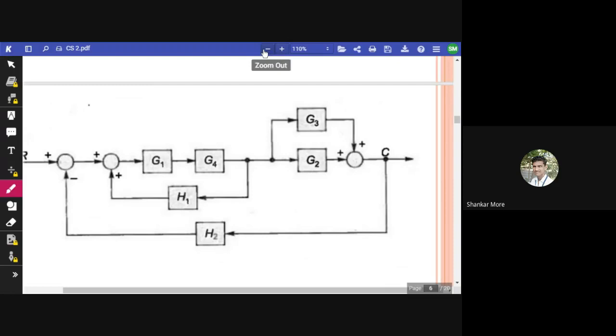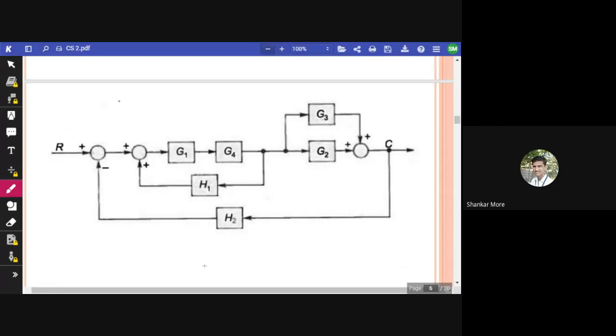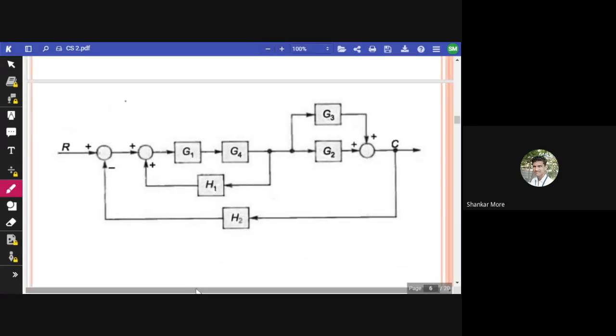Okay, so before that what I would like to do is please draw an SFG on your own. Draw the SFG yourself, and the forward paths, loops and non-touching loops in it, ping me quickly here in the chat box. First of all, draw the SFG. If you are comfortable, take a screenshot of that SFG and post it on our group, or post it privately to me on WhatsApp.